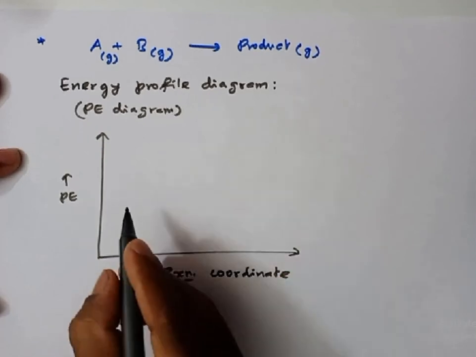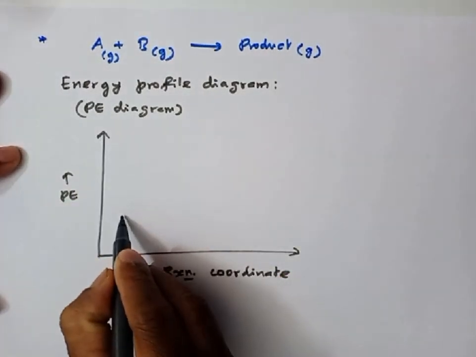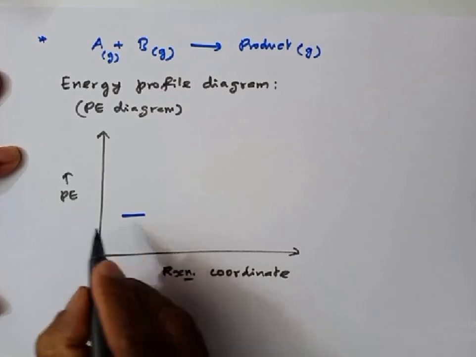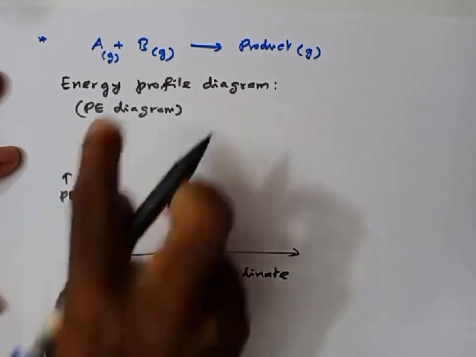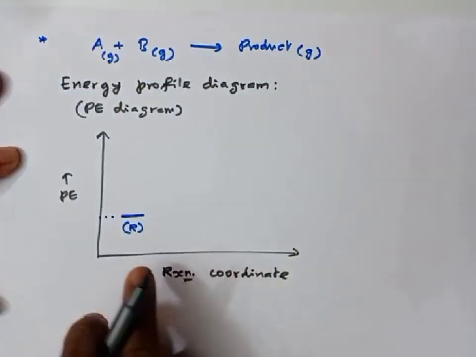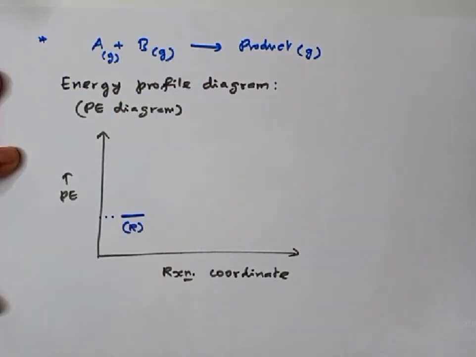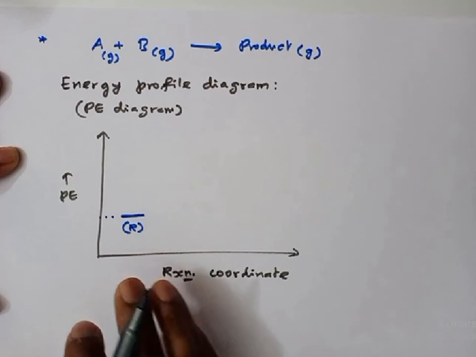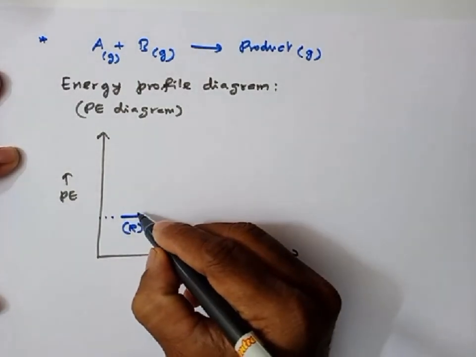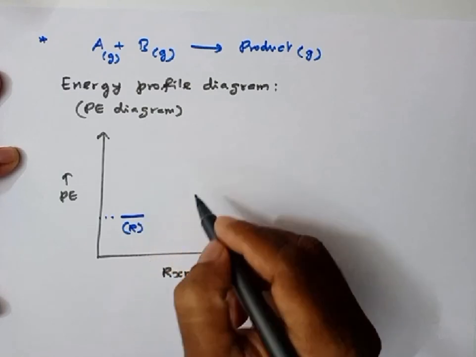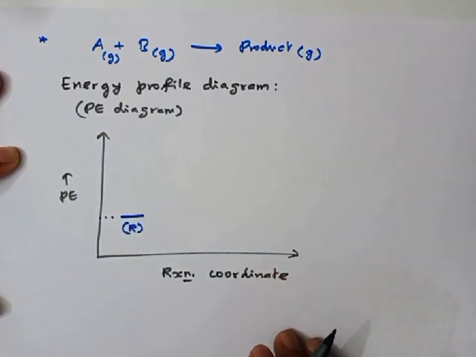See, let us assume this is the average energy of the reactant molecules. Let me write R. I have two reactants A and B, take the average. Now what will happen during the reaction? The reactant molecules gain energy and reach a maximum and then form the product.